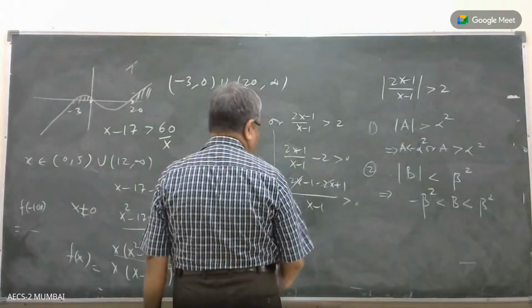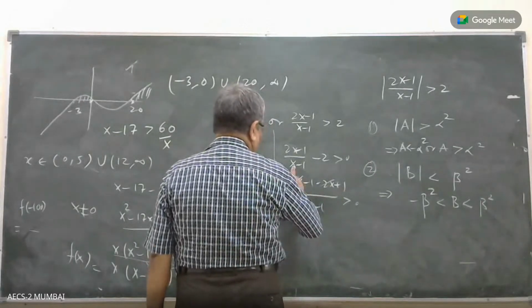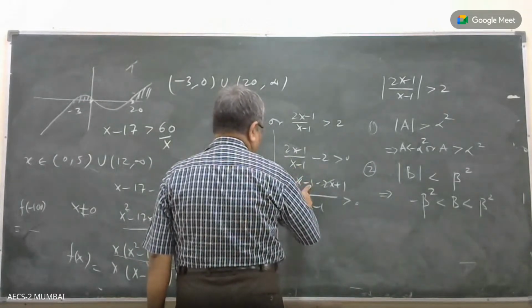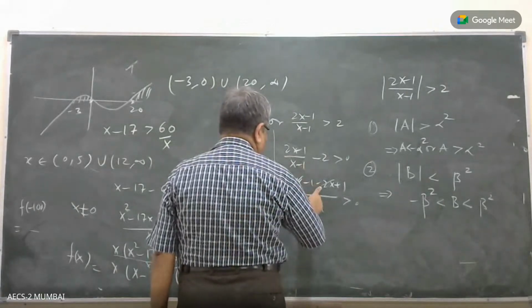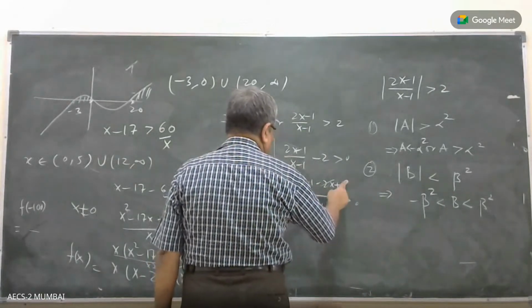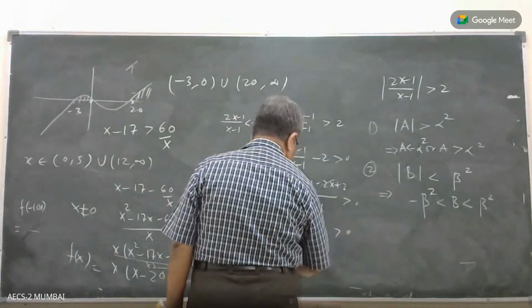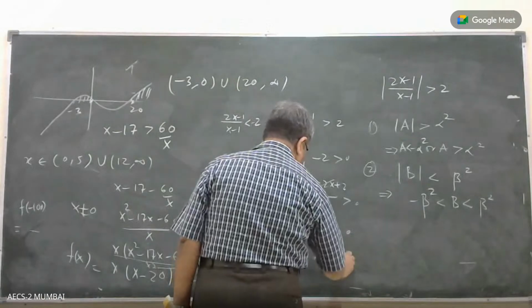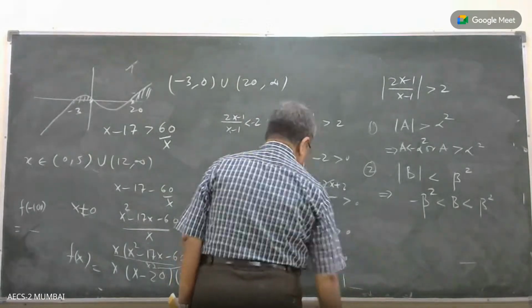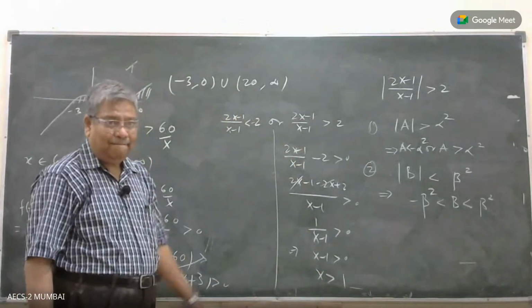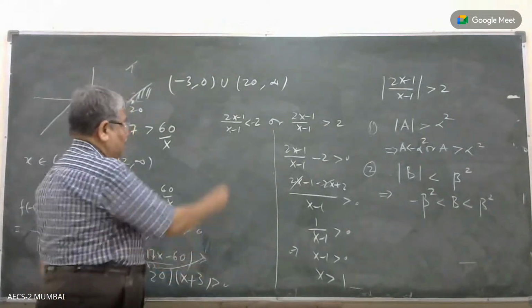Oh, yeah, okay, this is 2. No, sorry. 2x minus 1 and 2x plus 2. Okay? And what about this?